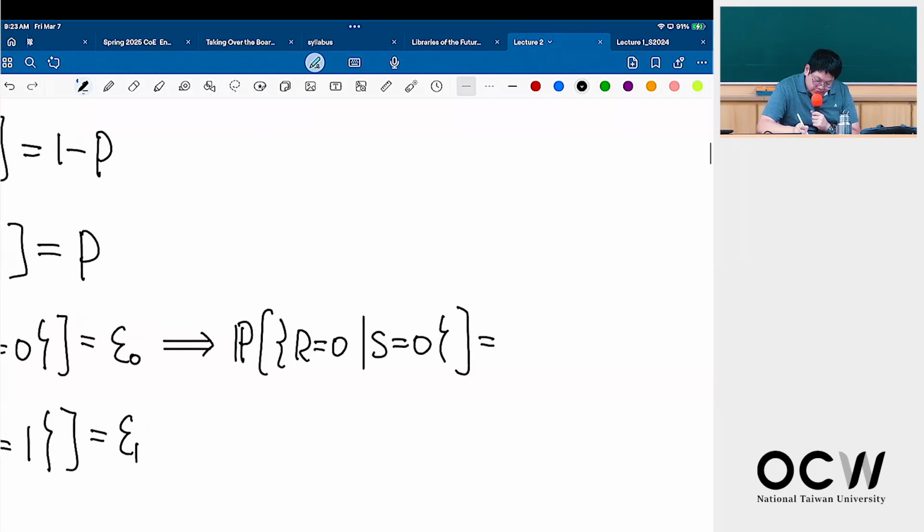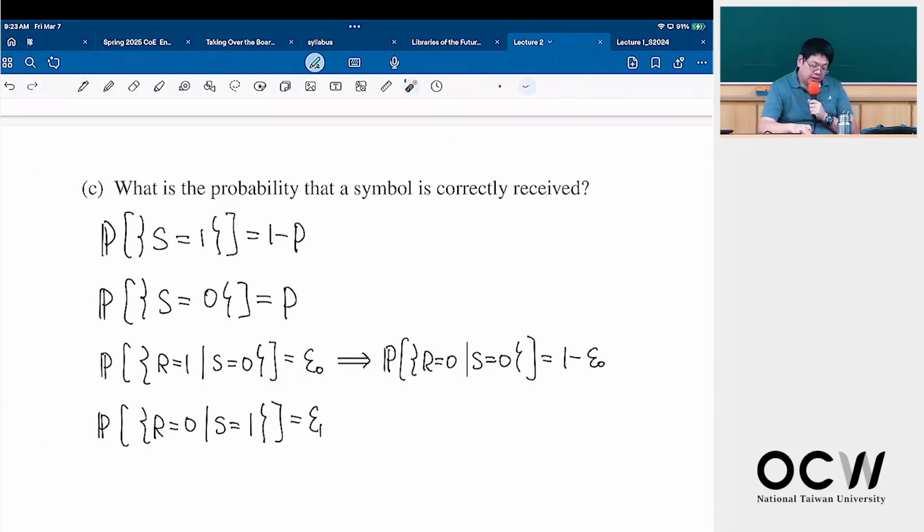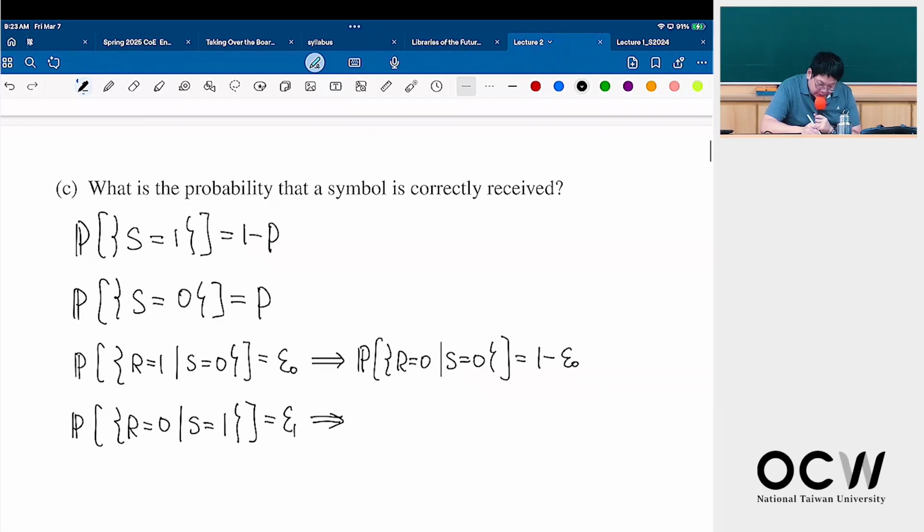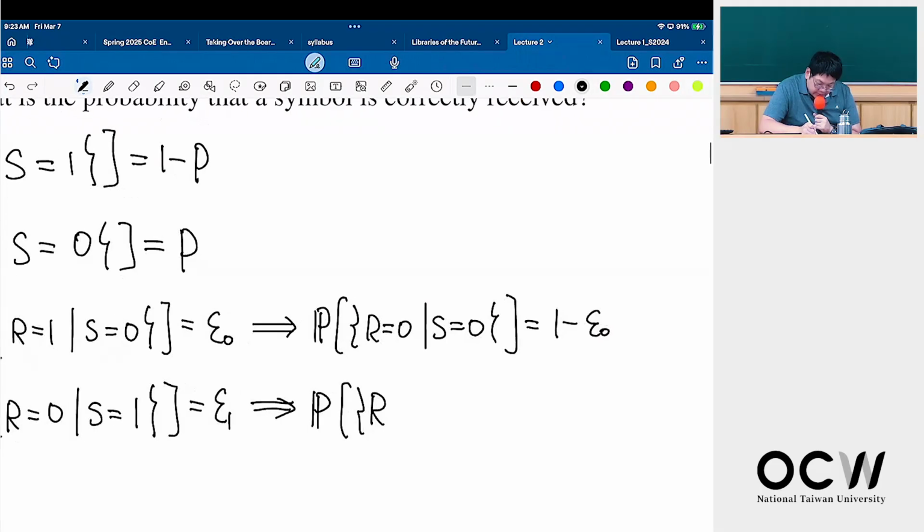That probability is 1 minus epsilon naught. In that case, the probability will be 1. And similarly, given 1 is sent and I receive 1, that probability is 1 minus epsilon 1.